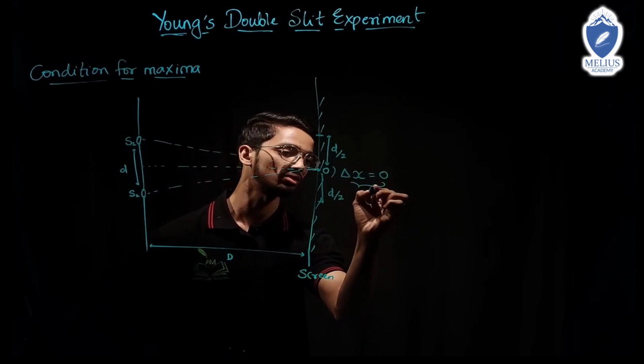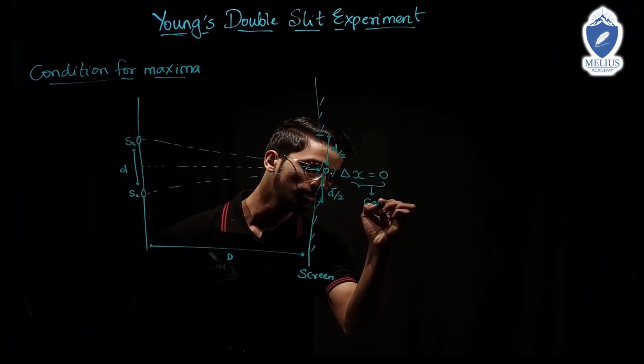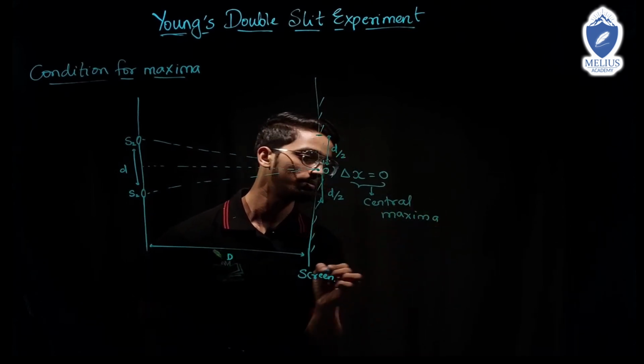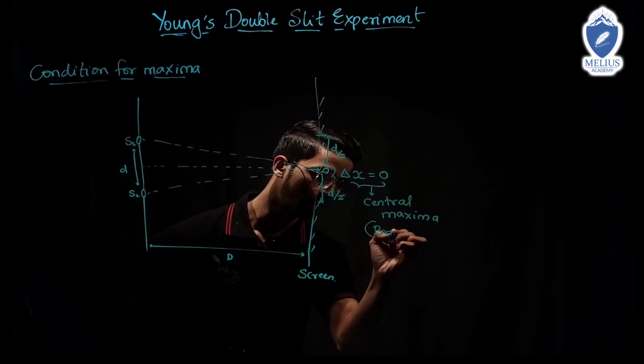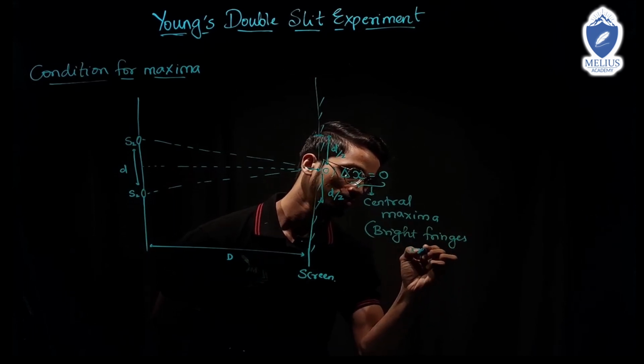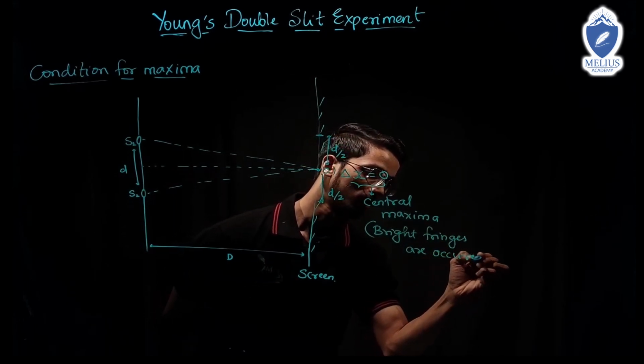Where the path difference is 0, we call it central maxima, where only bright fringes occur.